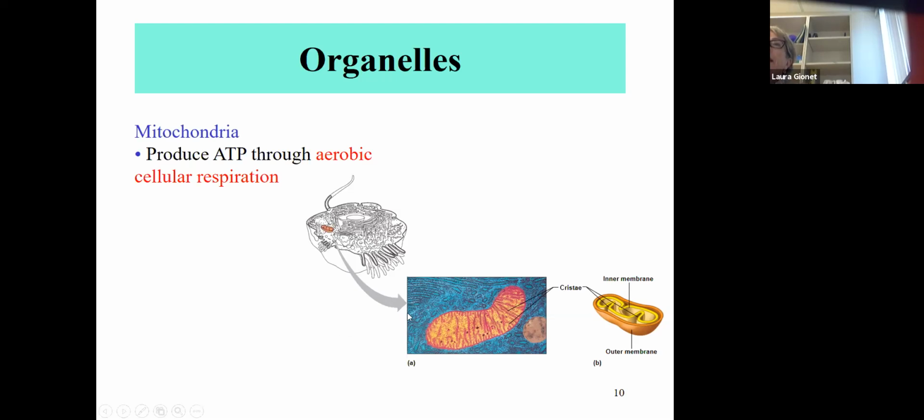It begins that process outside the mitochondria, and then the oxygen requiring steps will be within the mitochondria. So for a cell that does a lot of physical work, like muscle tissue, it's going to have an abundance of mitochondria.